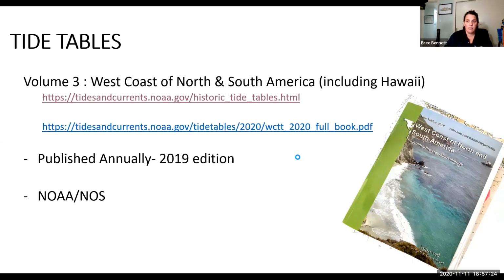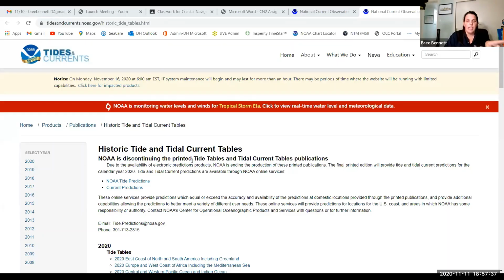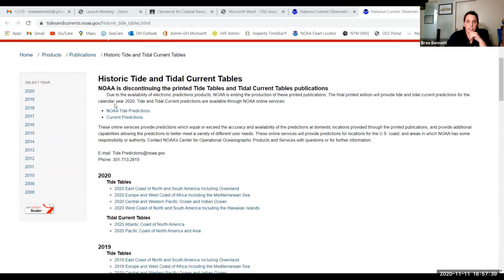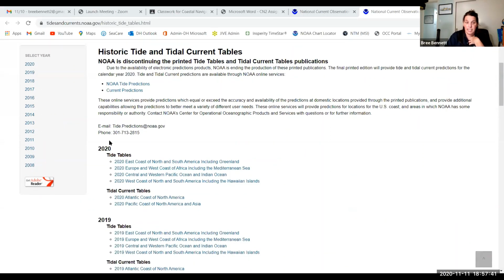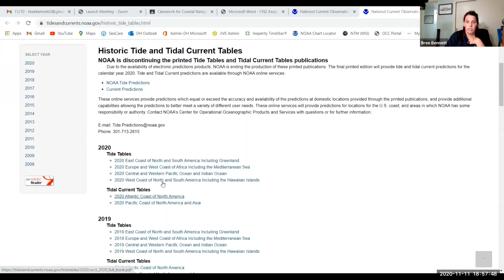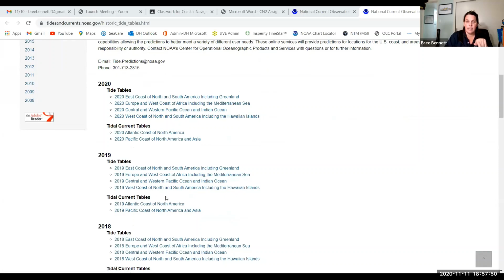Can you guys see my Chrome, or are you still on the PowerPoint? Still on the PowerPoint, okay. So I just clicked on that website and it brings you up to the tide tables. For 2020, we have tide tables and current tables. 2019, the tide and current tables.